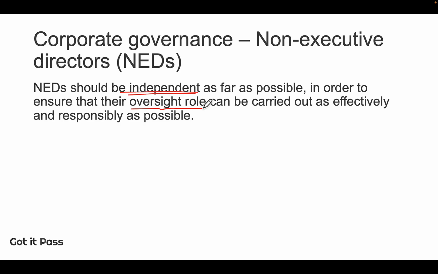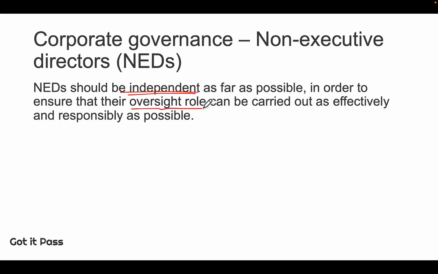So they should be independent in order to ensure that their oversight role can be carried out as effectively and responsibly as possible. So here it's very important for you to understand well the difference between executive and non-executive director is independency. For executive directors, they are looking at day-to-day operations. So they focus on the operations itself.